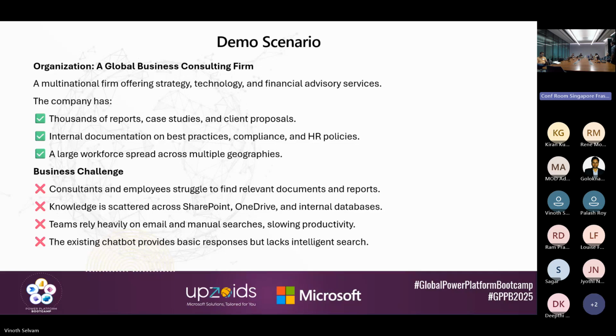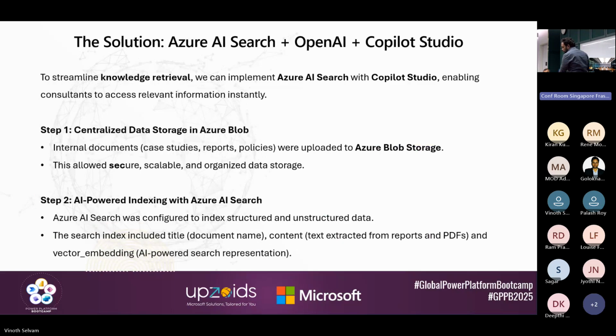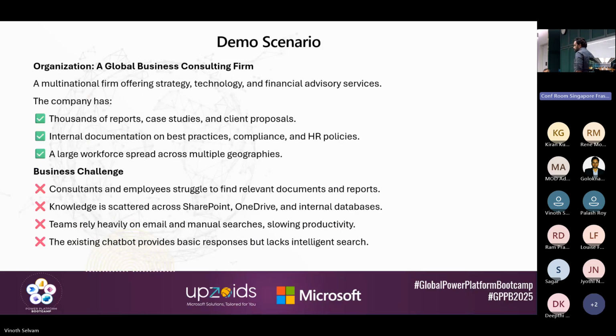These documents are not in one particular geography; they are available in other parts of the company too. The challenge they were facing is that consultants and employees who want to find information from these documents find it very hard to know where the information lies, since the knowledge is scattered across different sources.